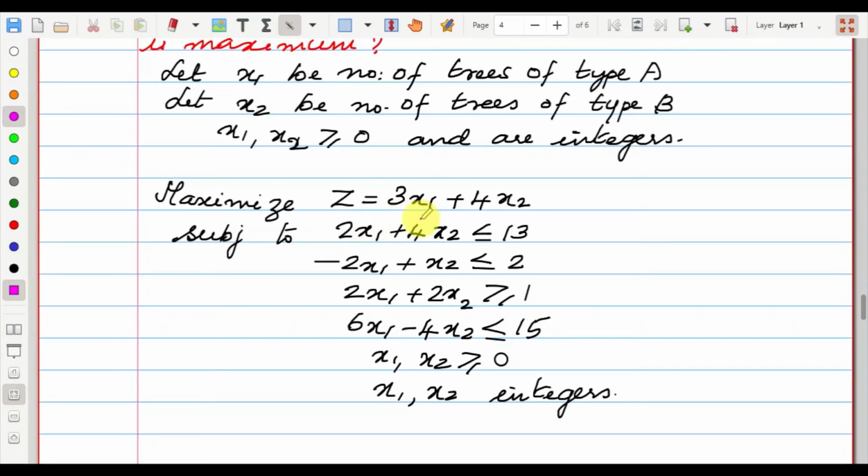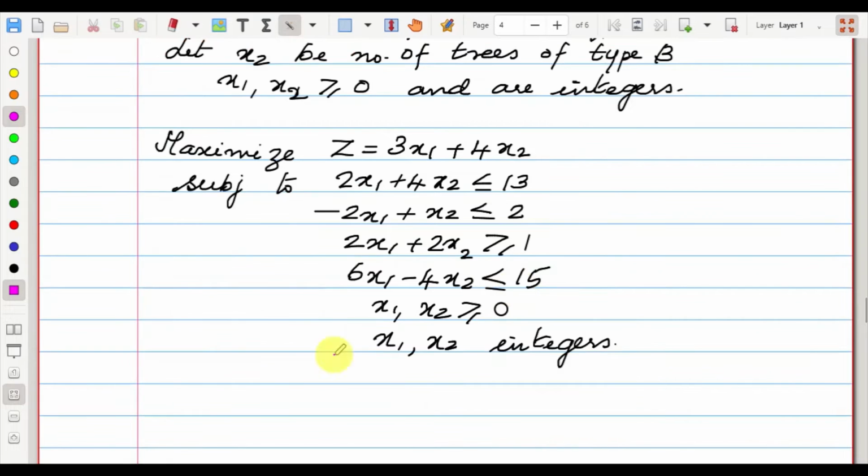Maximize z equal to 3x1 plus 4x2 subject to 2x1 plus 4x2 less than or equal to 13, minus 2x1 plus x2 less than or equal to 2, 2x1 plus 2x2 greater than or equal to 1, 6x1 minus 4x2 less than or equal to 15, x1 and x2 greater than or equal to 0 and x1 and x2 are integers.